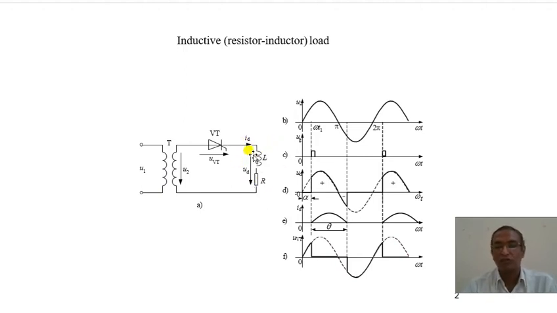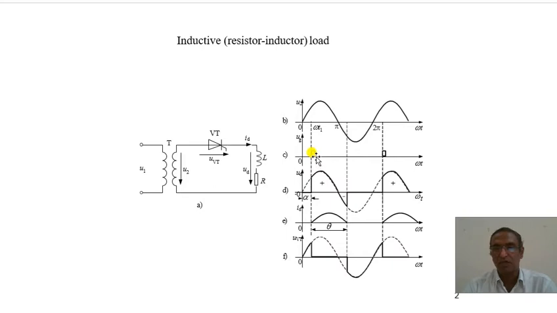To conduct a thyristor, we apply a short trigger pulse to it. By doing this, the thyristor starts to conduct at the instant when I apply the short trigger pulse at the gate.